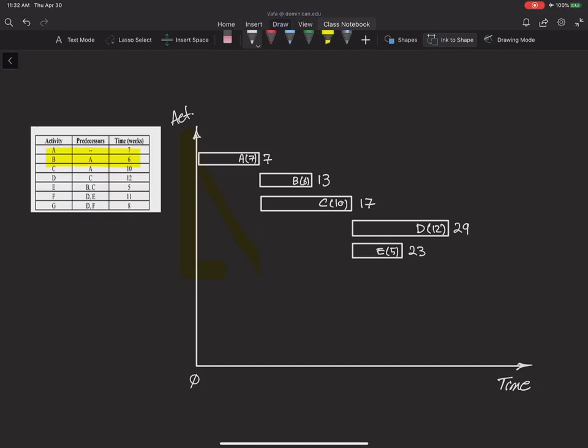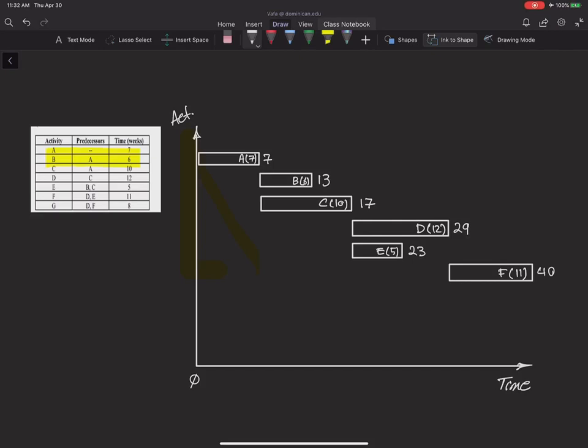So this is my activity F that starts after D, and goes for 11 weeks. Since it starts at week 29 and goes for 11 weeks, the finish time is going to be 40. So 29 plus 11 will give me 40.